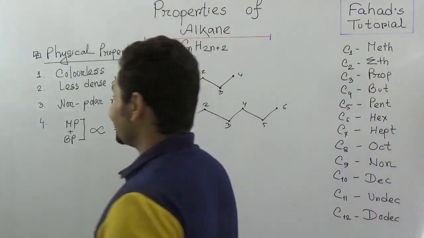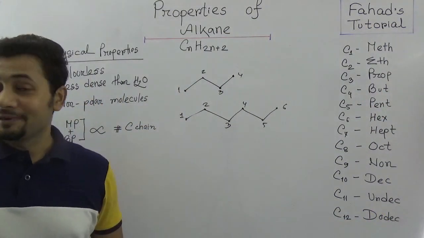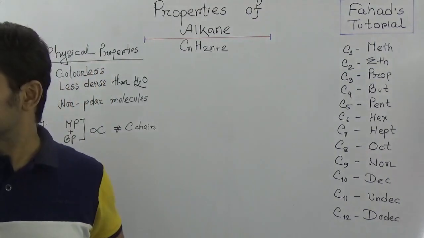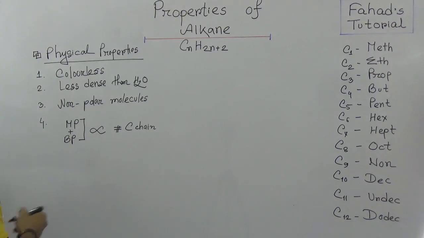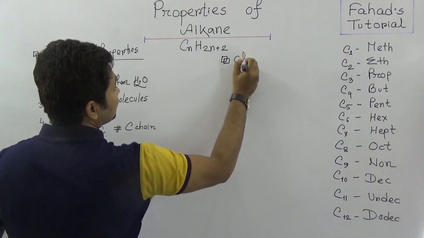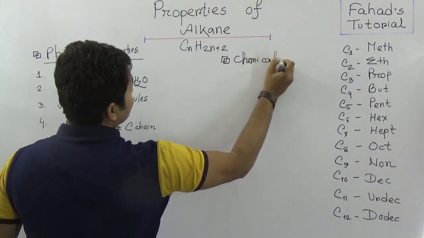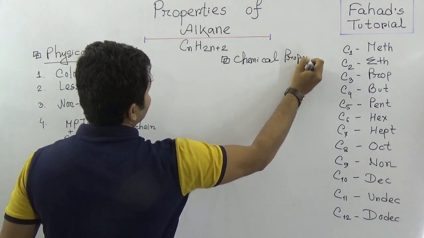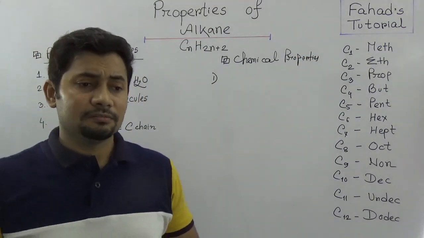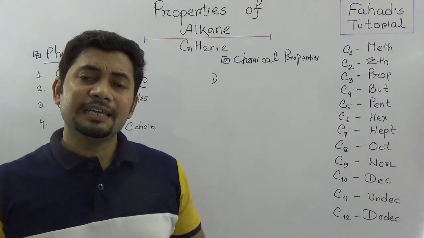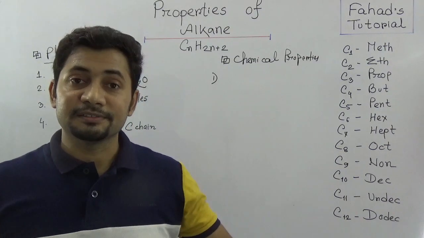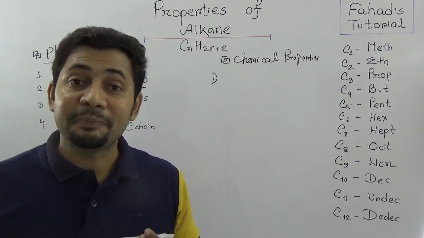Now let's look at the chemical properties of alkane. Usually alkanes are relatively less reactive to other molecules, and that is why alkane is called paraffin.